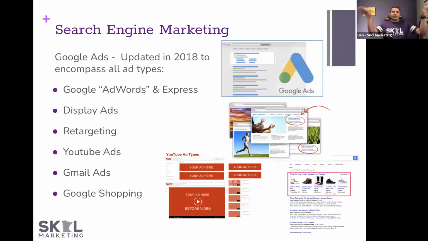So search engine marketing is really the umbrella of anytime you're paying a search engine or paying a digital company to run ads. Not, for instance, hiring Skol Marketing to do ads, but that you're paying a platform like Google for the ad space itself. That's search engine marketing.